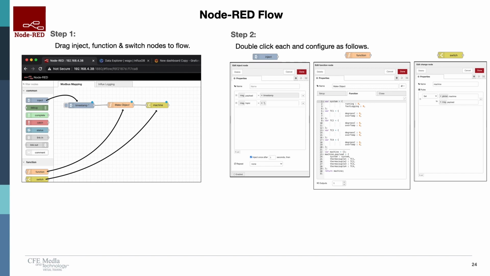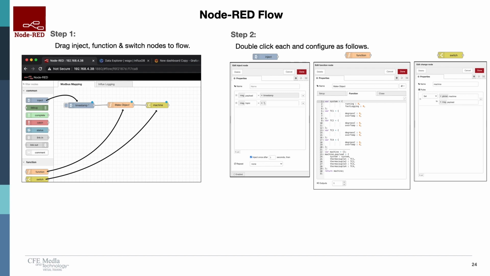For the function node, when you double click on it, you can give it a name, and then you can type in your JavaScript code there. So we're going to create an object called system, which has a running bit and a fast logging bit. I'll explain later why we'll need those 2 parameters. And then we'll also have thermocouple 1, 2, 3, and 4.